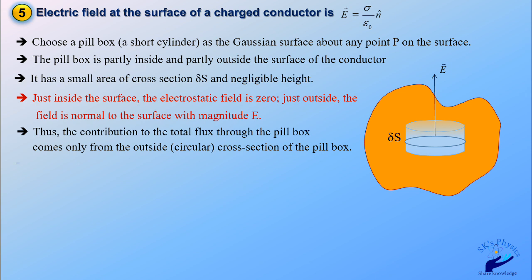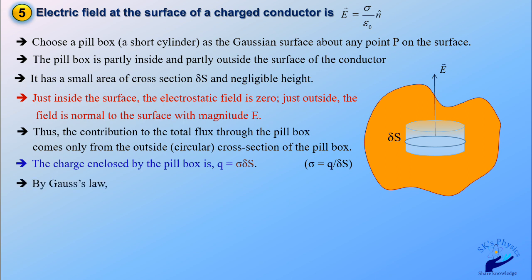The charge enclosed by the pillbox is Q is equal to sigma delta S. Sigma is equal to Q by S, so Q is equal to sigma delta S. Now, by Gauss law, flux is equal to E dot ds. So we can write E dot delta S is equal to Q by epsilon 0. So Q is equal to sigma delta S implies E delta S is equal to sigma upon epsilon 0 delta S. So therefore E is equal to sigma upon epsilon 0.